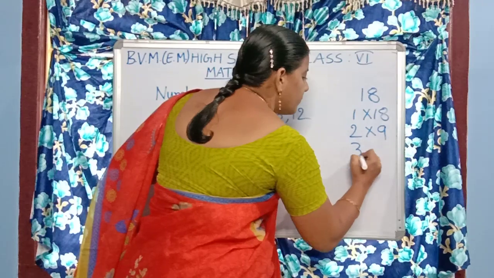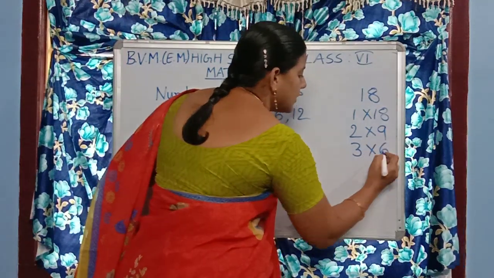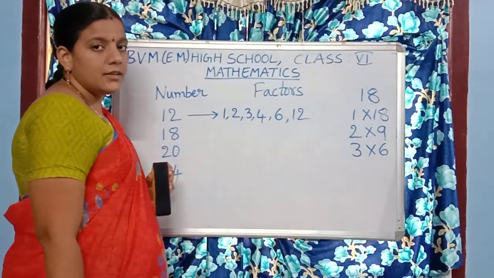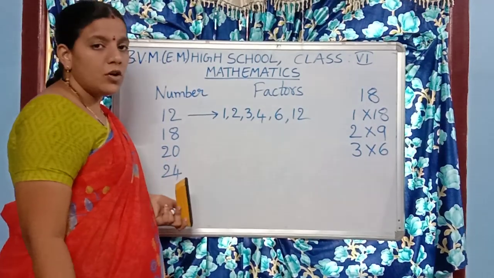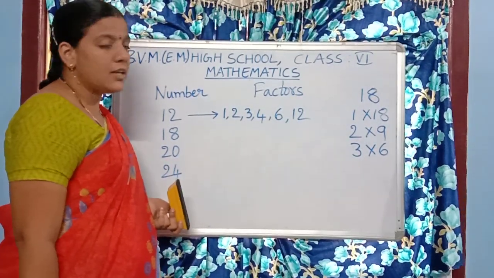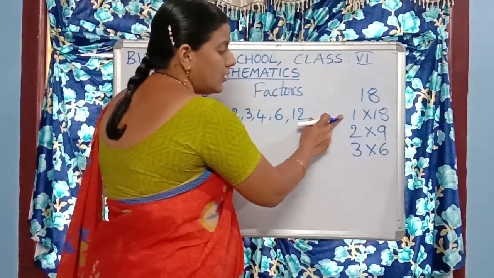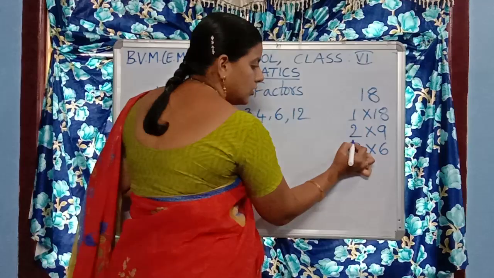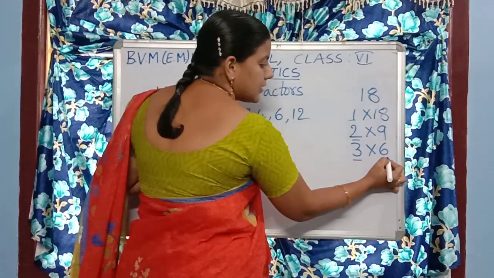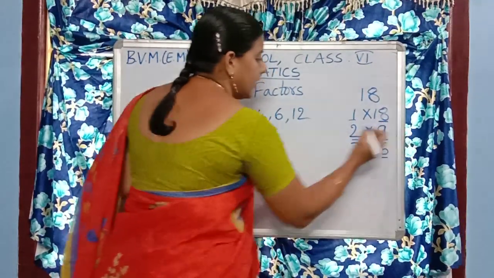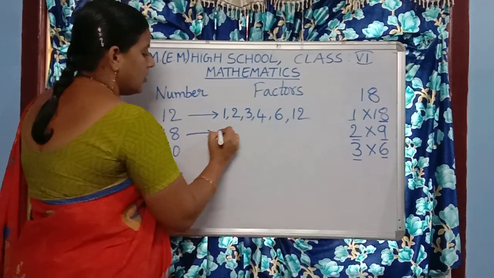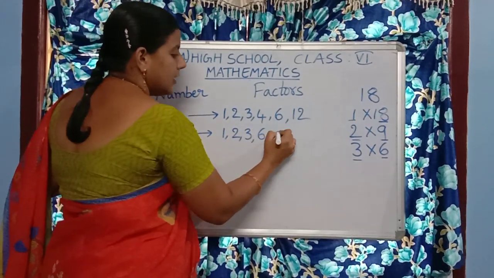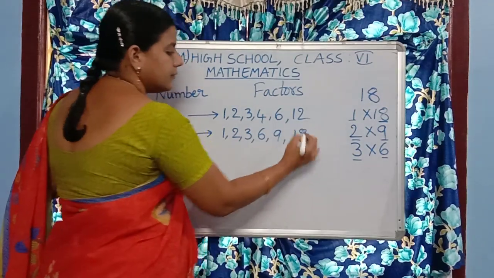Next, 3 into 6, 3 sixes are 18. Next, 4. No number is there. Okay. So, the factors of 18 are 1, 2, 3, 6, 9, 18.